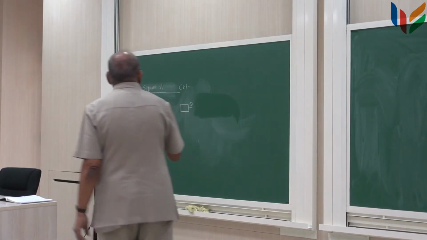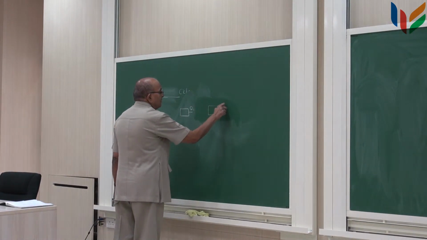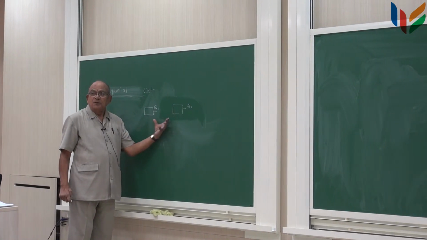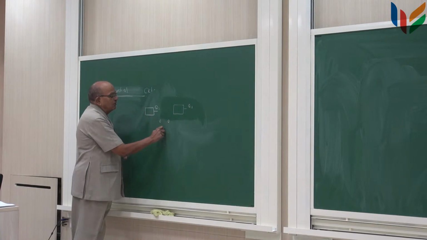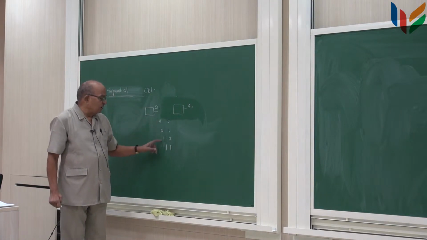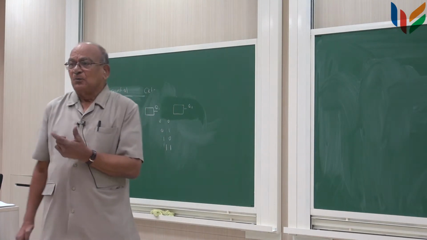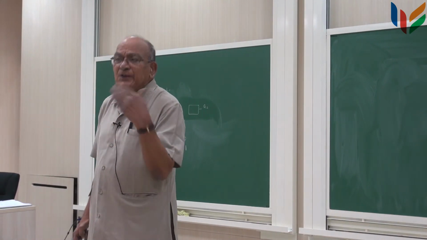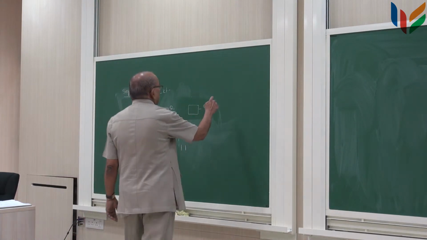So if you have two such elements, together they have a new state which is now 2 bits of memory. It could be either 0 0 or 0 1 or 1 0 or 1 1. Each one of them is called the state of this memory. So if you have n such bits of memory, you will have 2 to the power of n states, right? 2 to the power of n states for n number of memory elements.